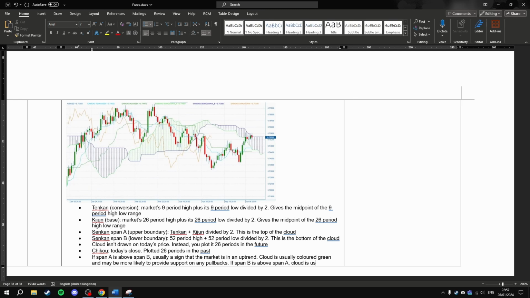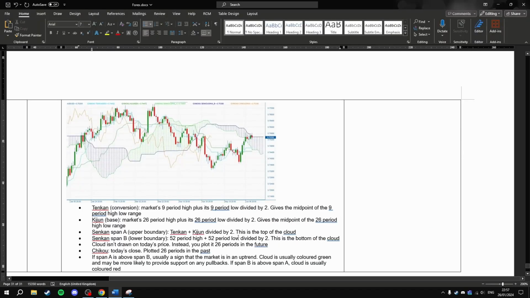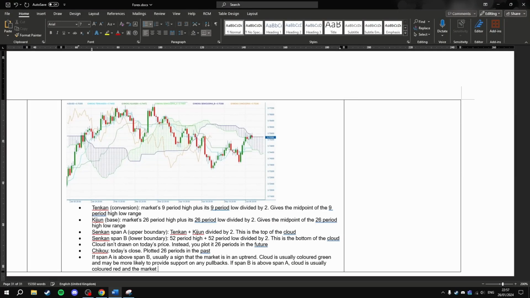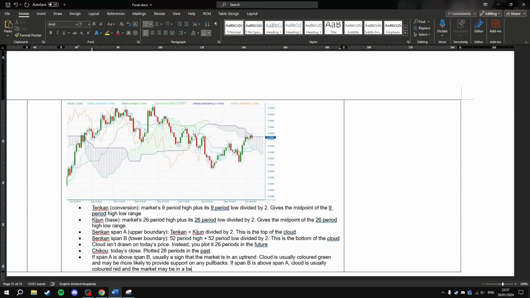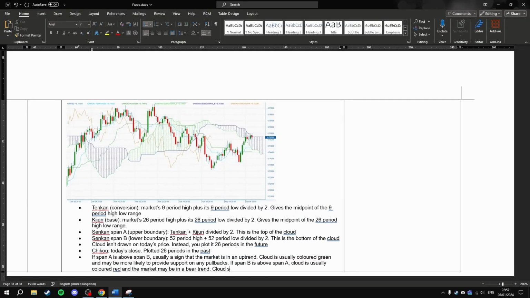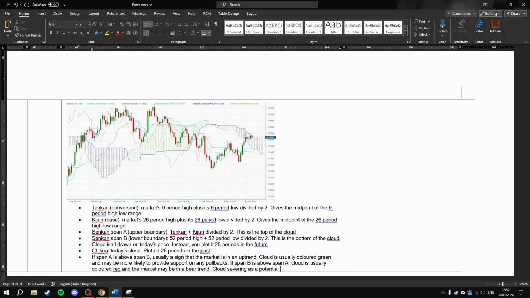The cloud is usually colored red, and the market may be in a bear trend, with the cloud serving as a potential resistance area to watch.